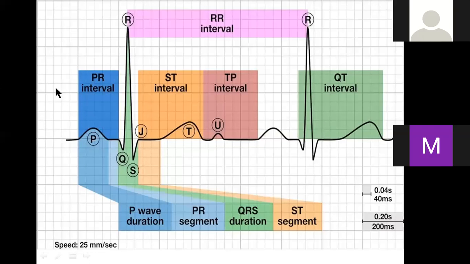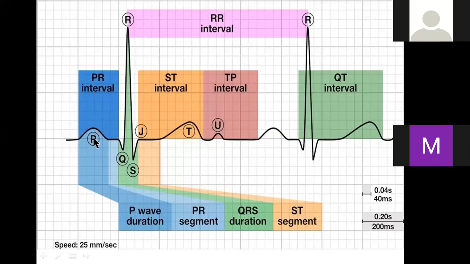The height of the wave is described in millimeters, that it is 5 millimeters high, 10 millimeters high, or five small boxes high, or seven small boxes high. So in this way, you can describe the height and the width of the waves and the segments.